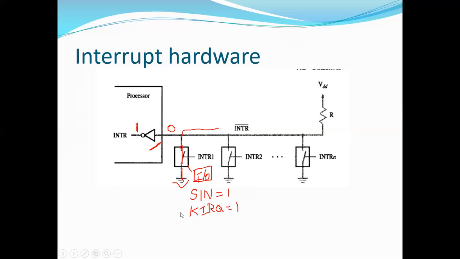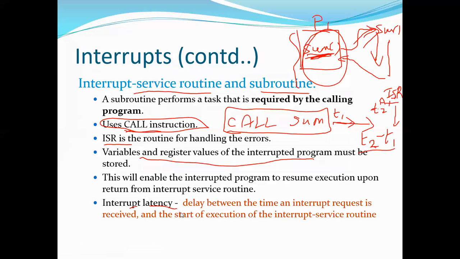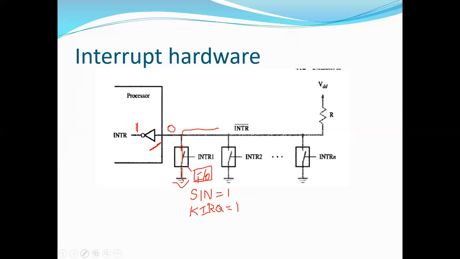Similarly, suppose there is an interrupt request from INTRN, a request from this input output device. Again, the switch is closed here, all the power is grounded, so there is again 0 from here itself.